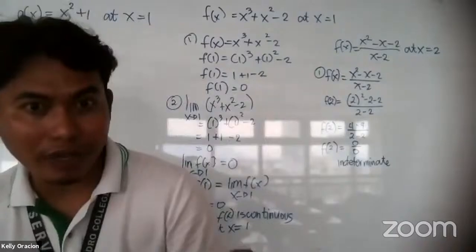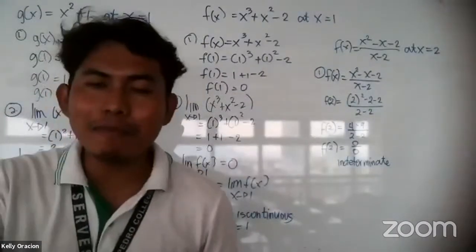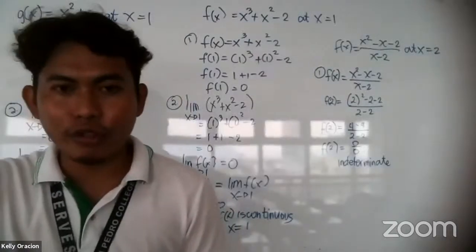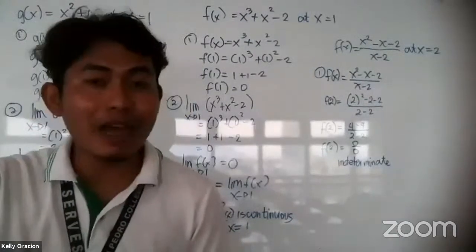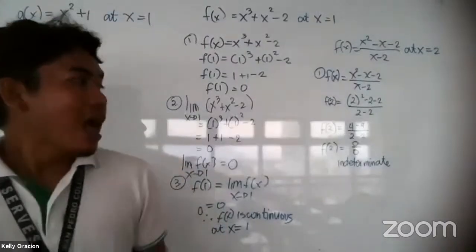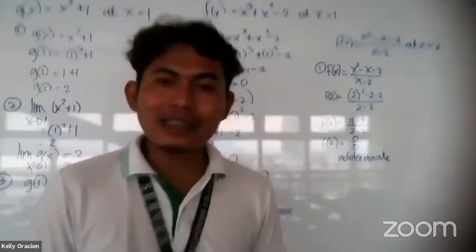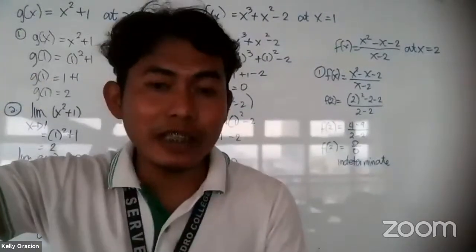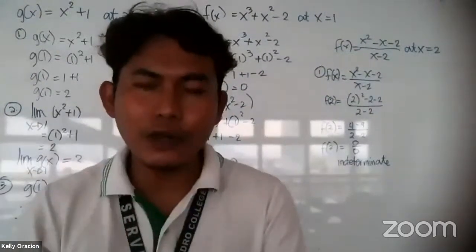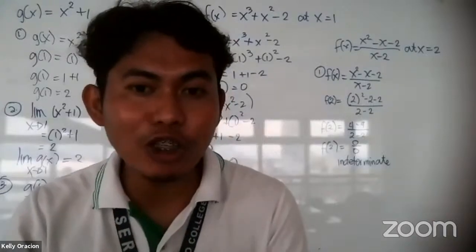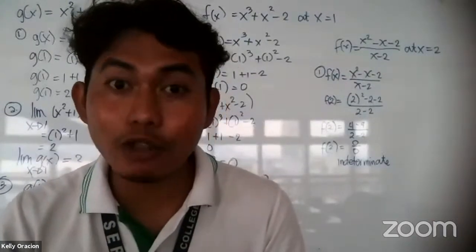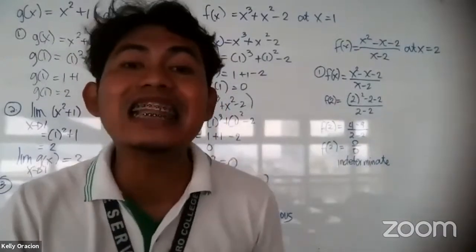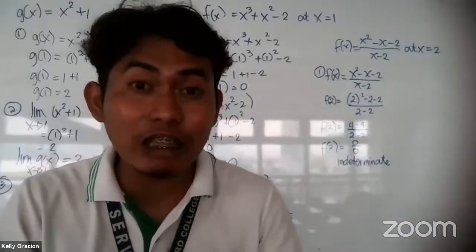Undefined, imaginary and indeterminate are all different. Imaginary is the square root of a negative number, or the fourth root of a negative number. Those are imaginary numbers. Undefined is any number except 0 divided by 0, where the numerator is not 0 but the denominator is 0. But 0 over 0 is indeterminate. Again, take note of this.